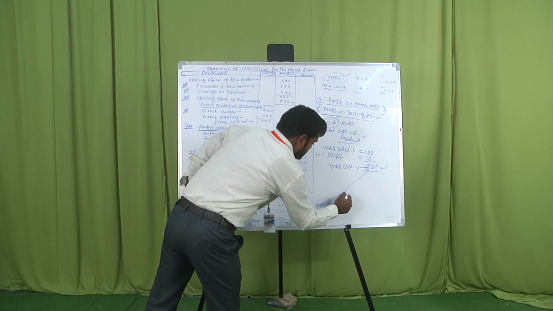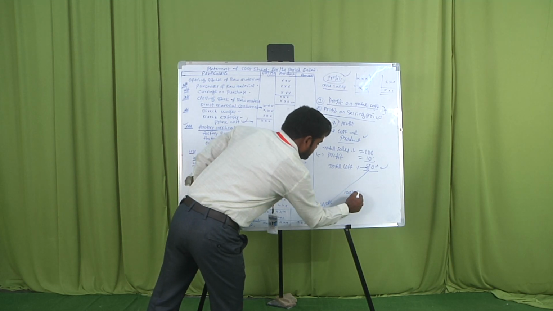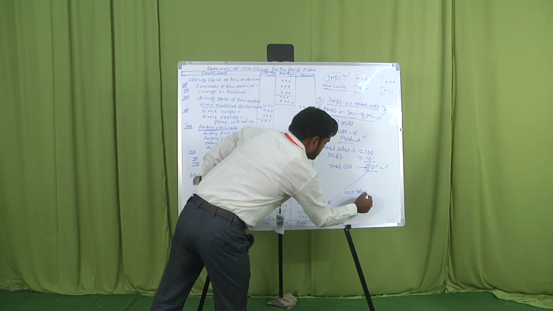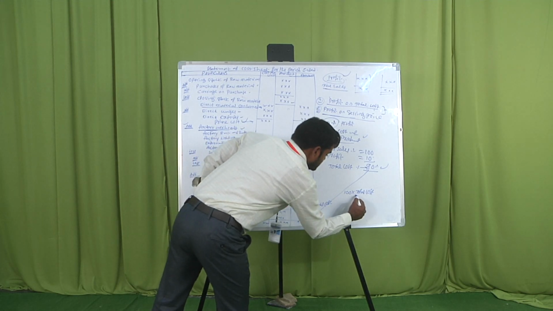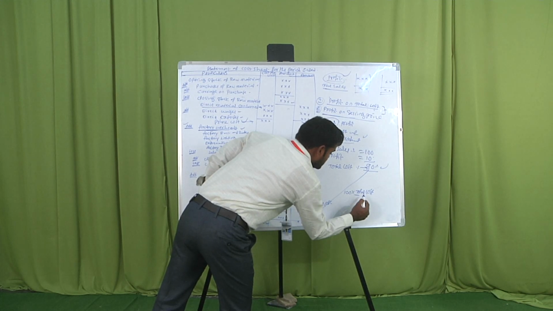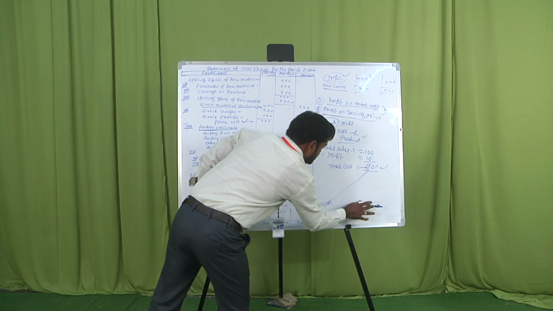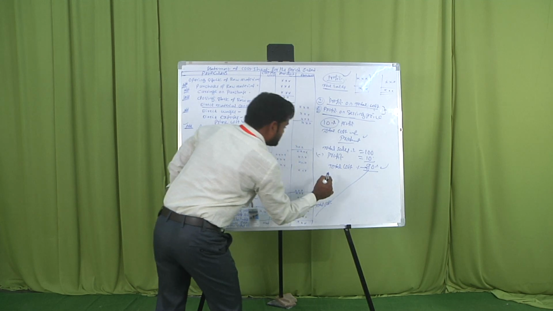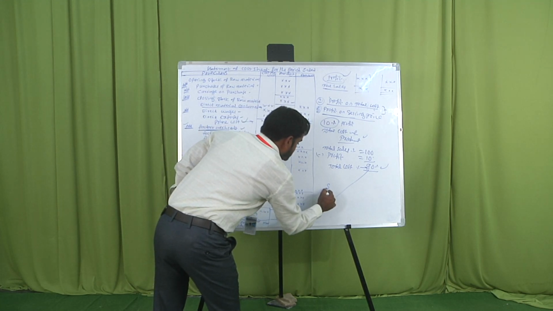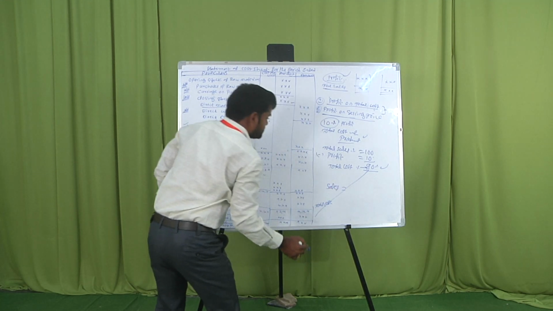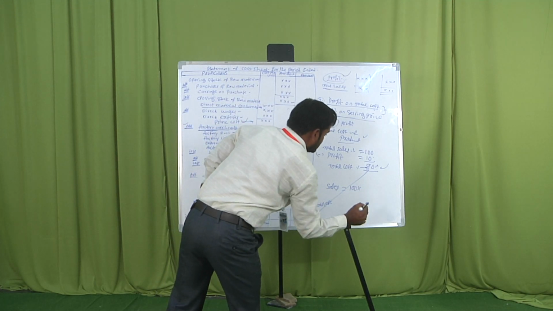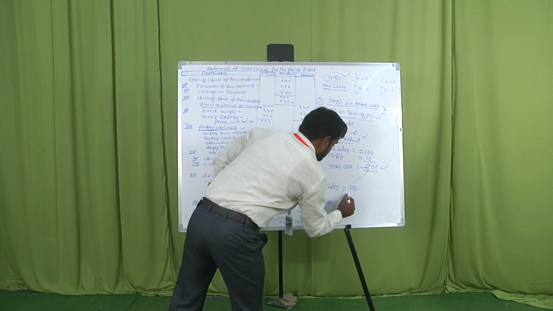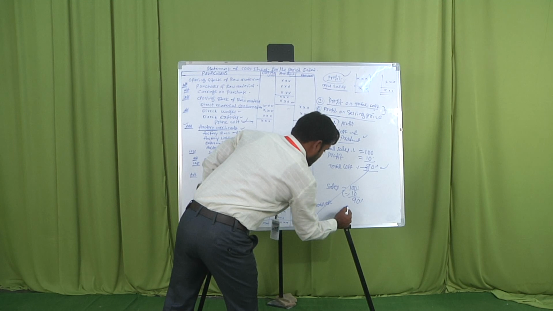Now, cross multiplication: sales is equal to 100 minus 10%, that is equal to 90.